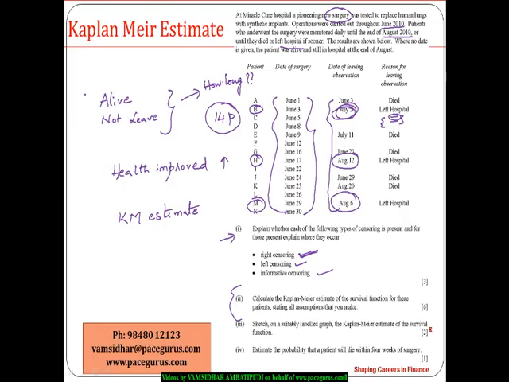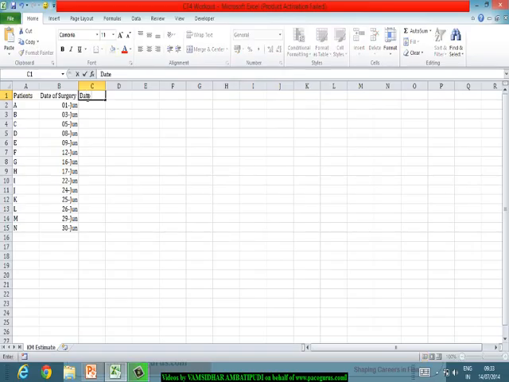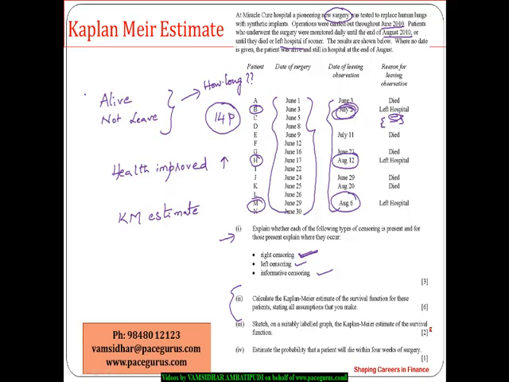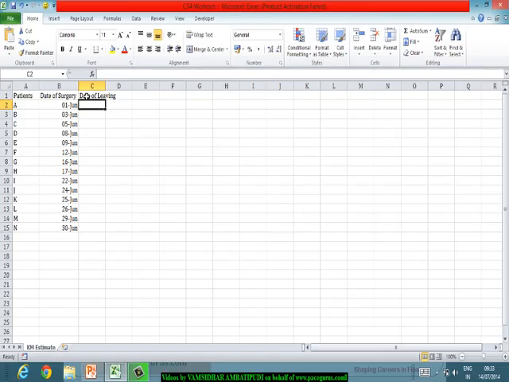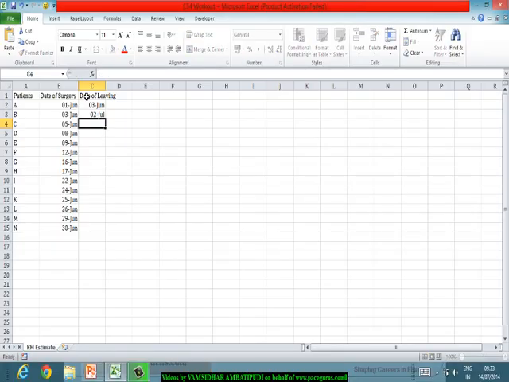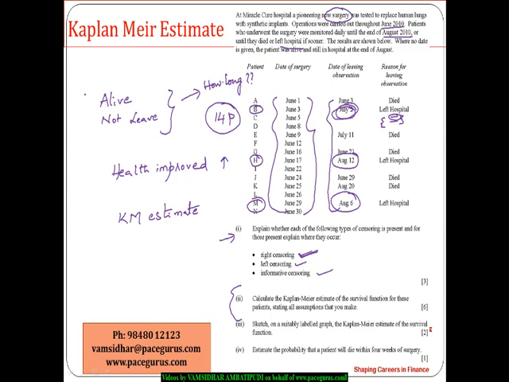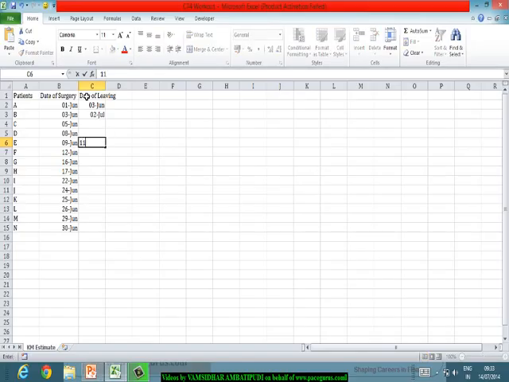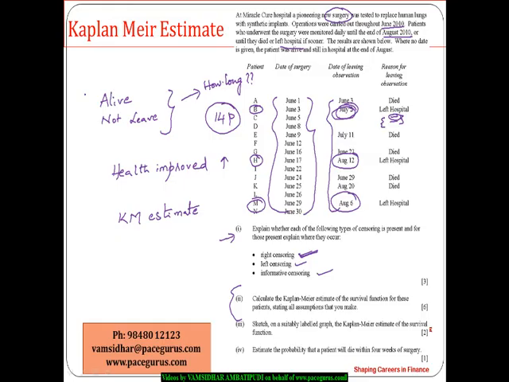Then we are talking of the date of leaving, the date of leaving the observation. So A has left on 3rd June. B has left on 2nd July. C, D did not leave. E left on 11th July. Then F did not leave.